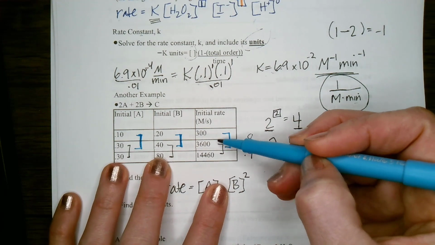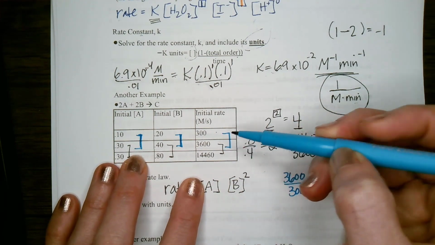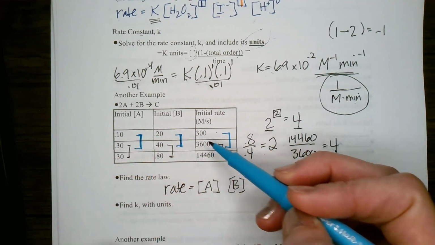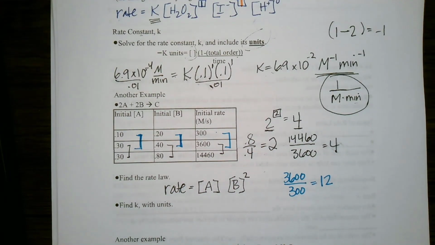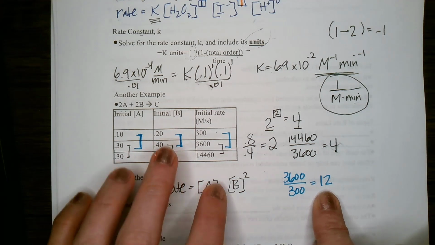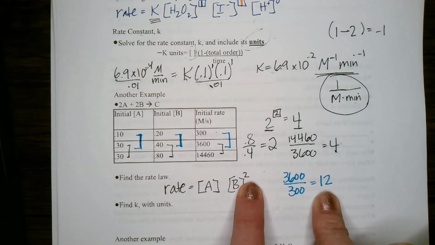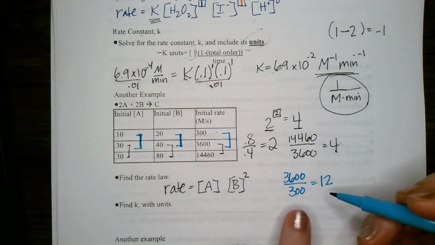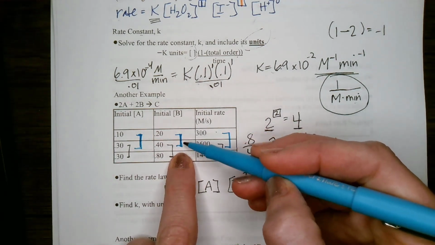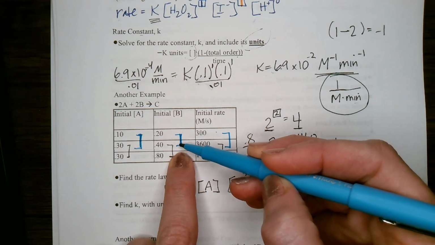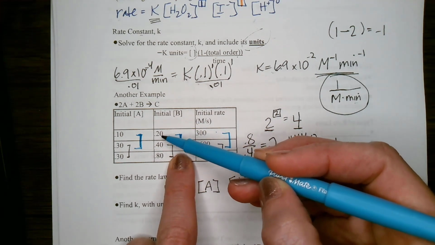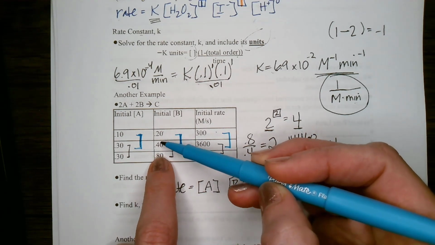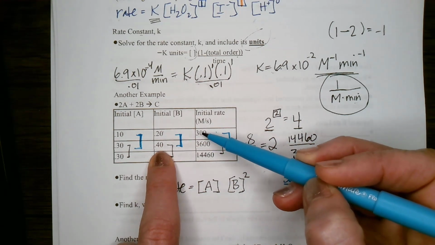So this is telling me that my reaction is going 12 times as fast from trial 1 to this one. But we also know that both of these reactants are influencing that. But we can factor out knowing that B is second order. Here's what I mean by that. If we look at B, trial 1 and 2, we know that its concentration doubled.